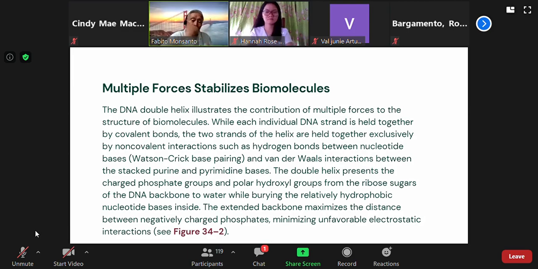While each individual DNA strand is held together by covalent bonds, the two strands of the helix are held together by non-covalent bonds such as hydrogen bonds, following, of course, the Watson-Crick base pairing.